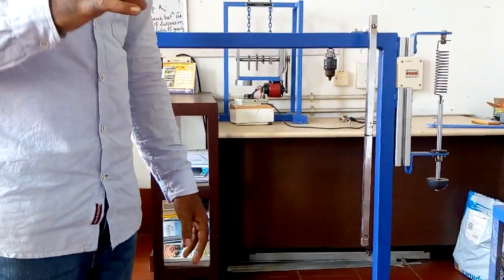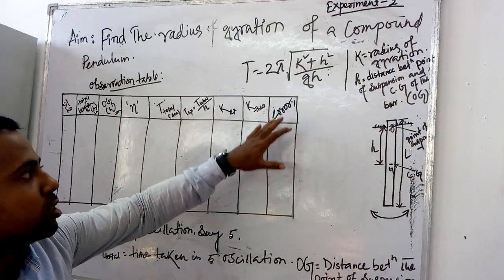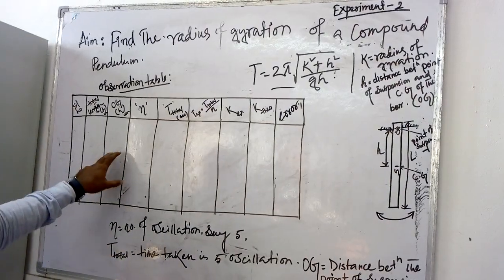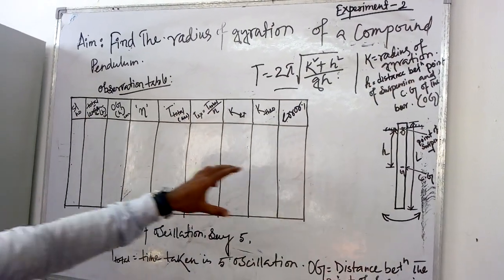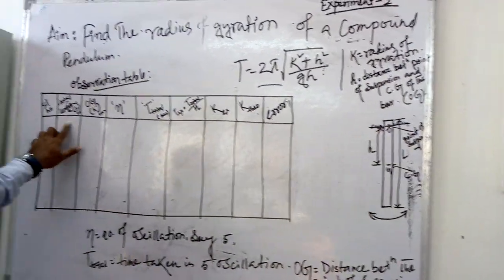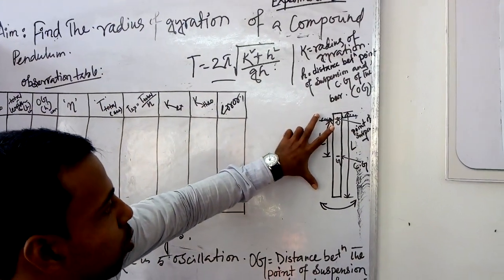What we need to find out in this experiment? See, you know this relation. In the table, the second column is total length, meaning the length of the whole rectangular bar. So this will be your total length L. Now the question may arise, why do we find the whole length?